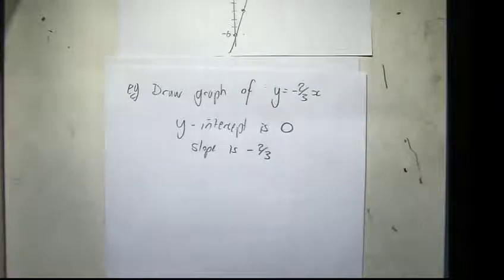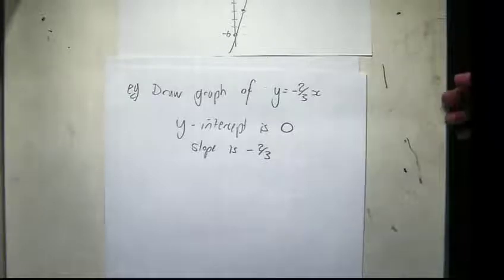But that means that for every 2 across it goes down 4/3, and for every 3 across it goes down 6/3, and so on. That means actually the easiest way to interpret a slope that's written as a fraction is to say that for every 3 across it goes down 2. The bottom is how far across it goes, and the top is how far up or down it goes.